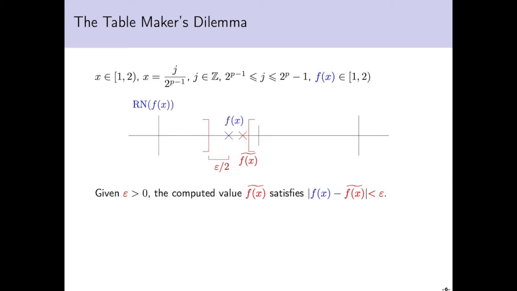What if your f of x is in the middle actually? Second problem, exactly: you can refine, it will never end. So we have to be able to know in advance when f of x is a breakpoint.